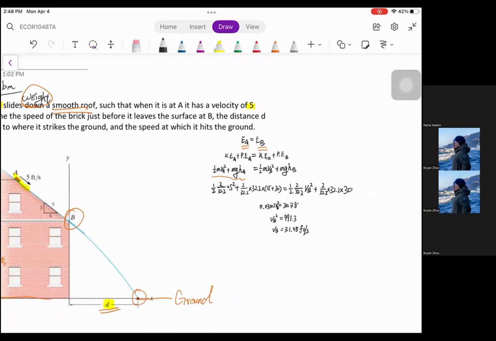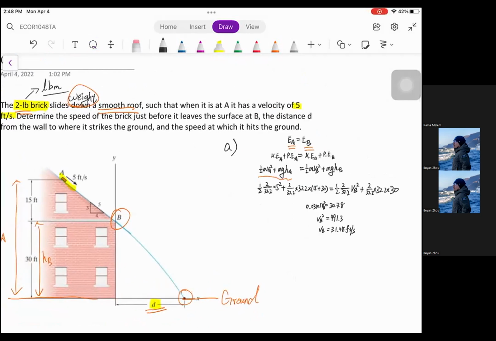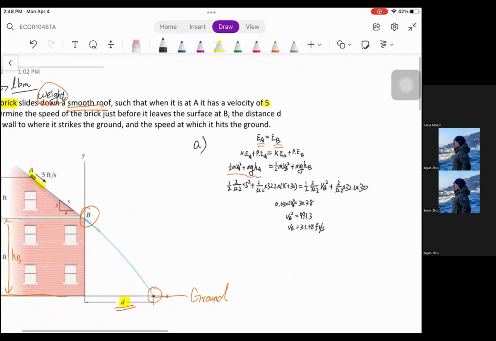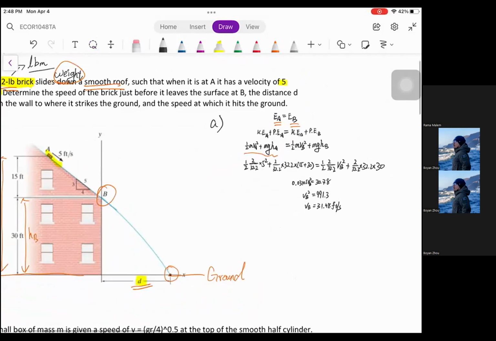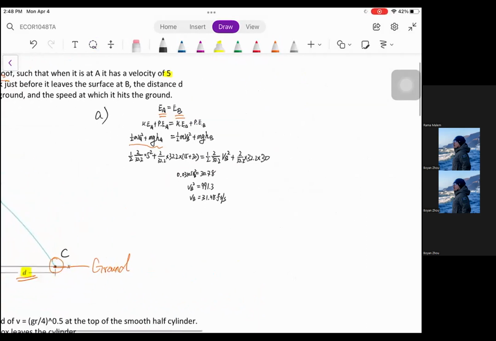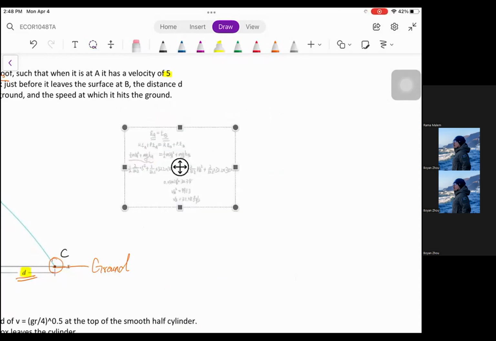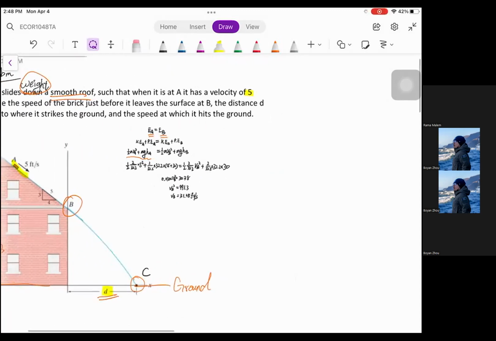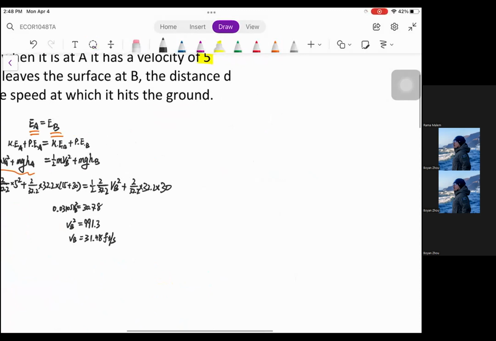So that is the first part of the question, finding the velocity at location B. Then we're going to do the same thing to find the velocity at the ground, which I'll call location C. The idea is the same.